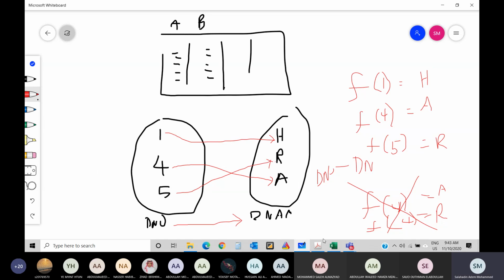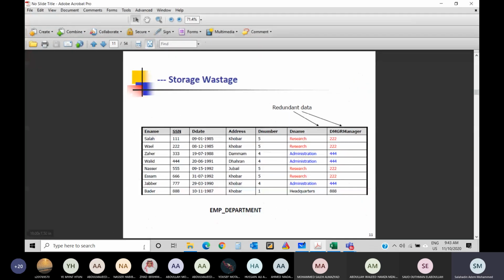For example, let me give you another example which is not functional dependent. Can you tell me which columns are not functional dependent? Can you tell me, Shiva? What about between address and number? Do I have functional dependency? No. Why not?